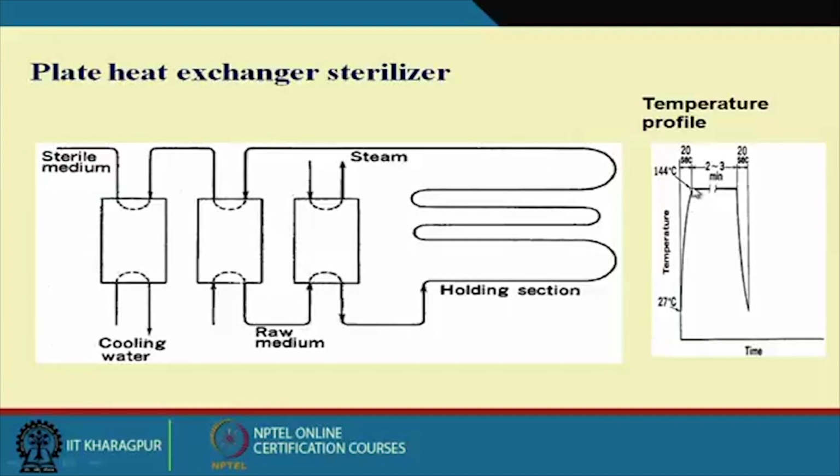You require some time, about 20 seconds, for heating, then 2 to 3 minutes for holding, maintaining the temperature at 140 degrees centigrade, or here they have mentioned 144 degrees. Then 20 seconds for cooling. This goes here and then passes through the chiller. So this is how medium sterilization is done in the industry.